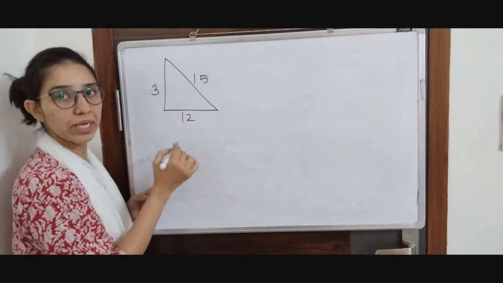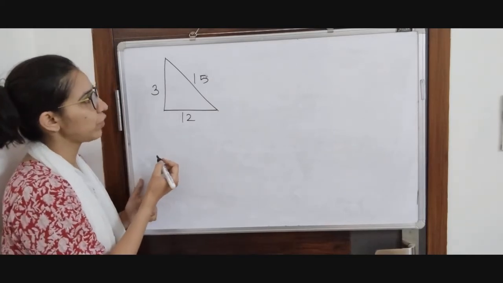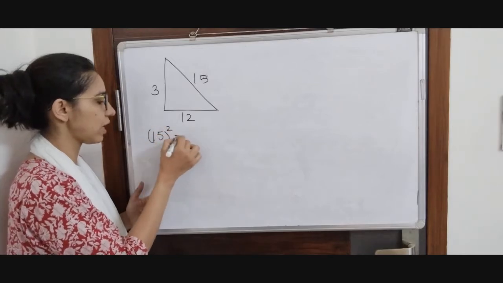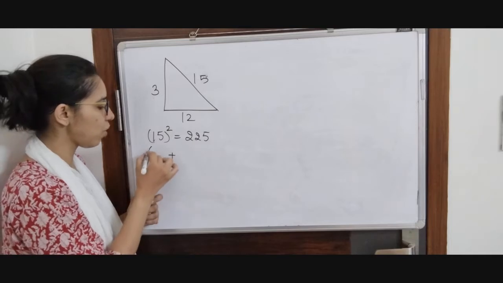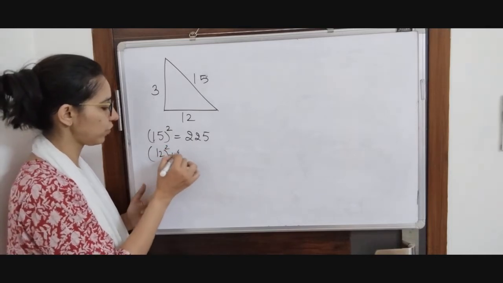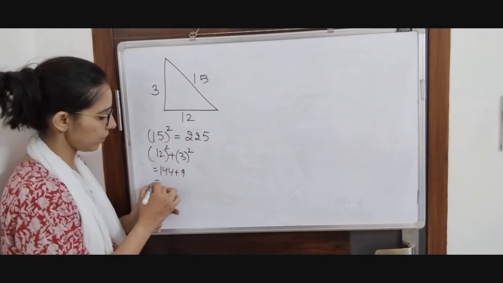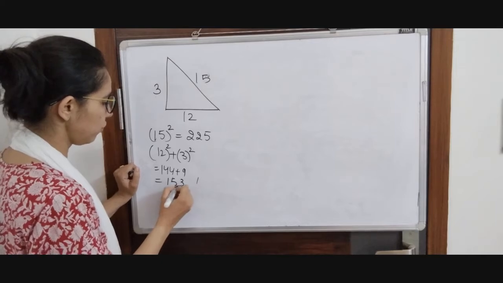If you want to check whether this triangle is right angled or not, you will find the square of the longest side, which is 225, and then find the sum of squares of the other two sides: 144 plus 9, which is 153.